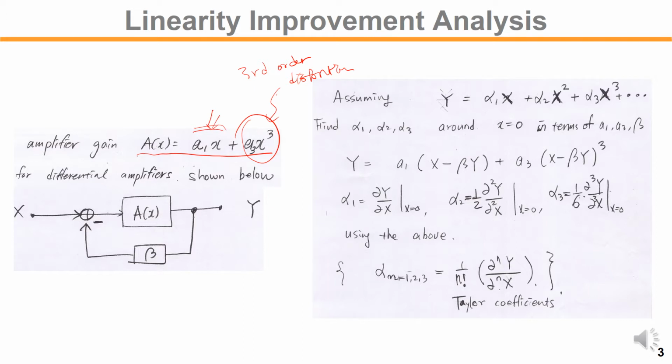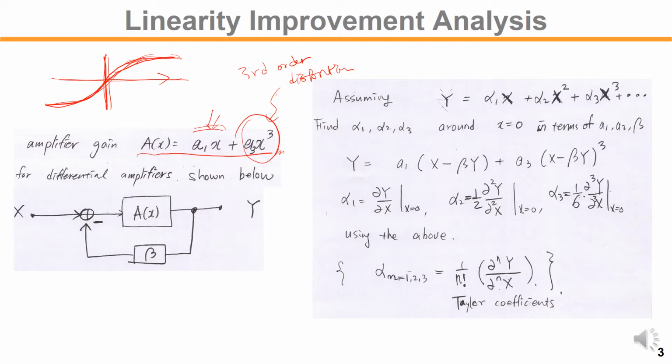But as you can see, in a typical differential amplifier, your gain characteristic is compressive like this. As the signal gets larger and larger, your gain is diminishing, going down. So we can model that characteristic like this, a third order polynomial equation.